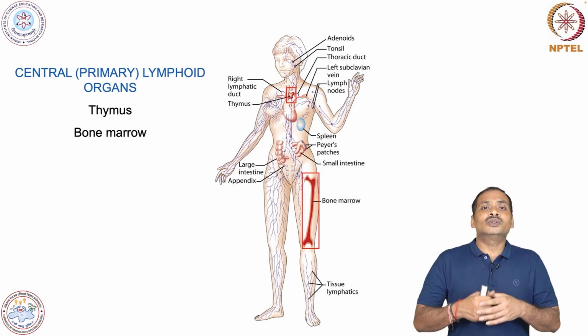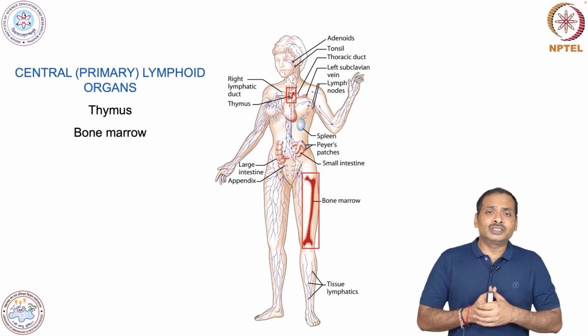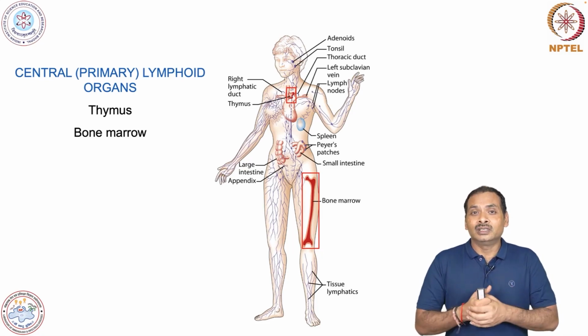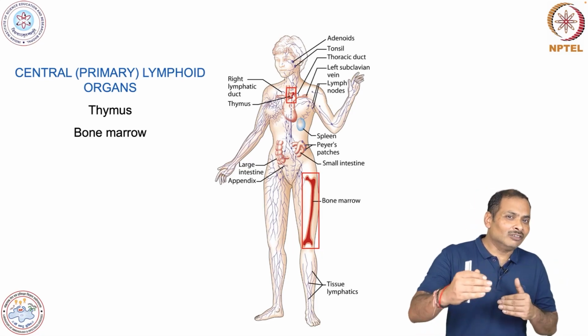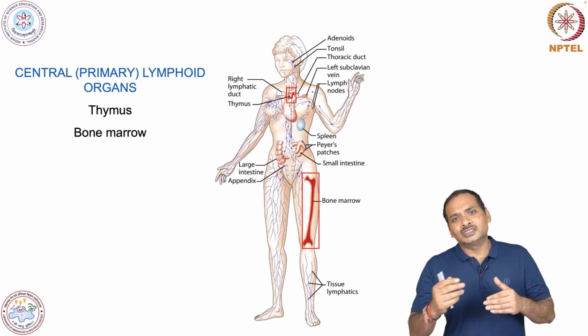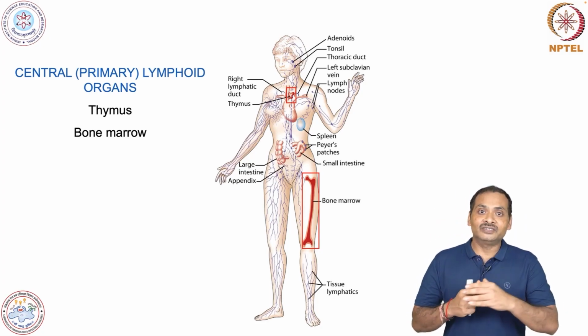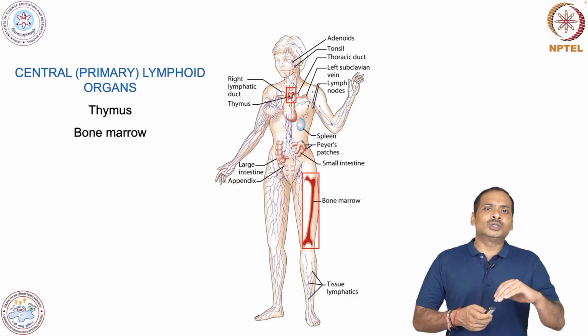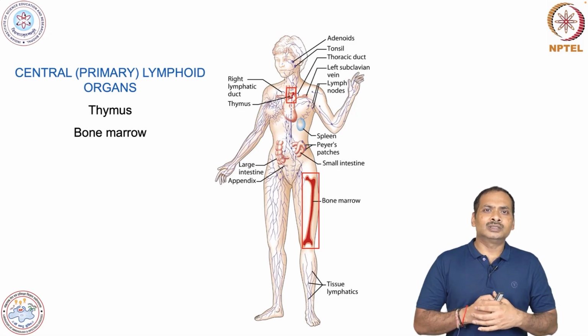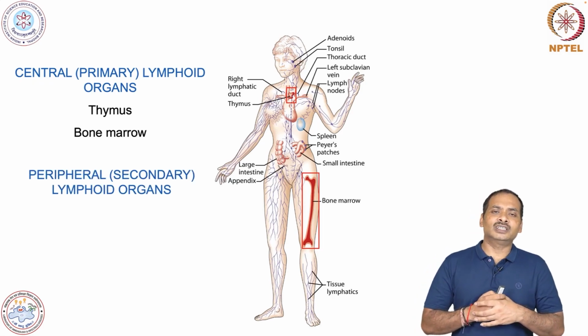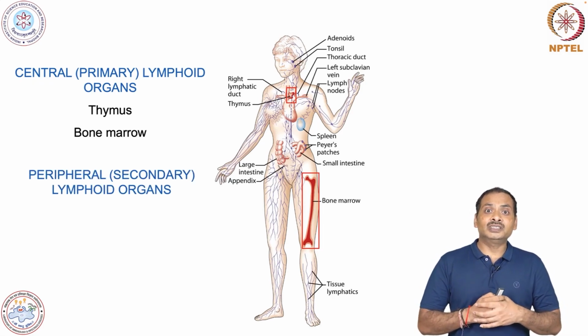In these two organs there is a generation of immune cells. There are many development processes, and after all this development, there will be a generation of immunocompetent naive immune cells. Okay, so this is all about the primary lymphoid organs.